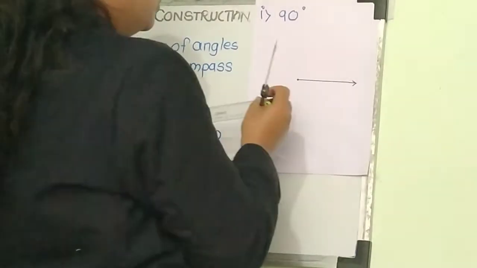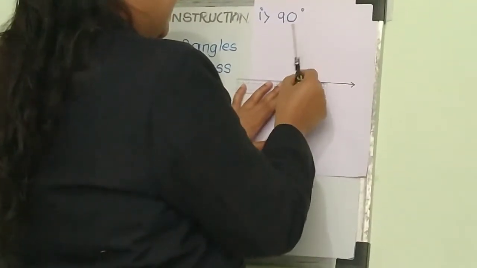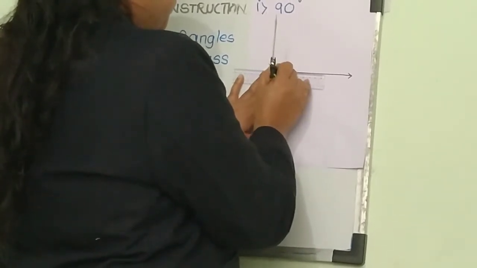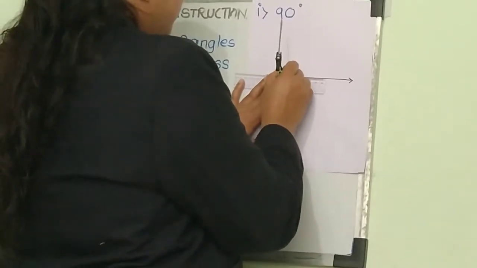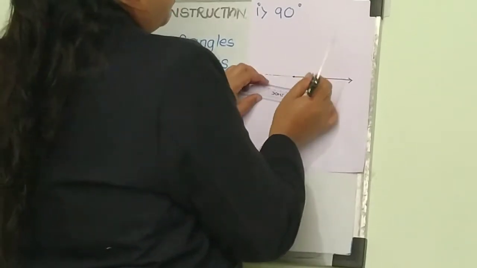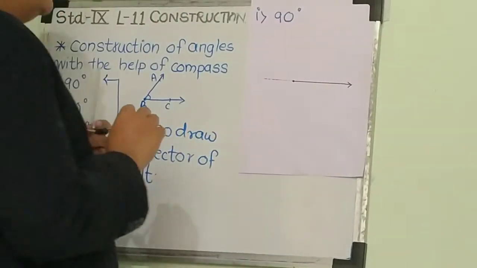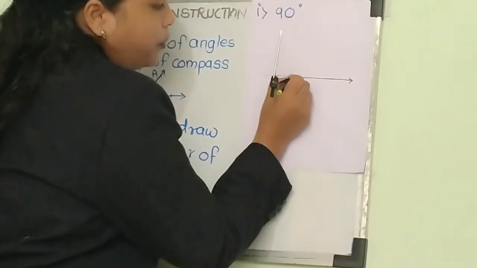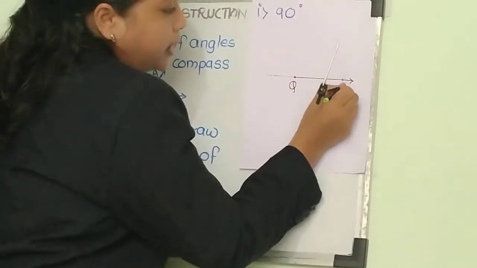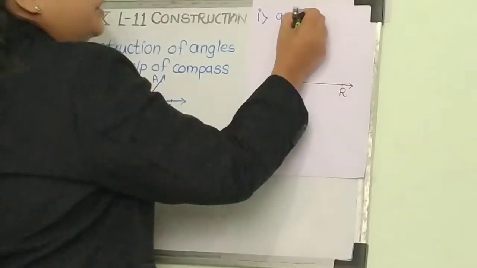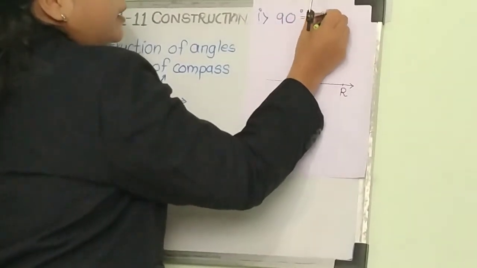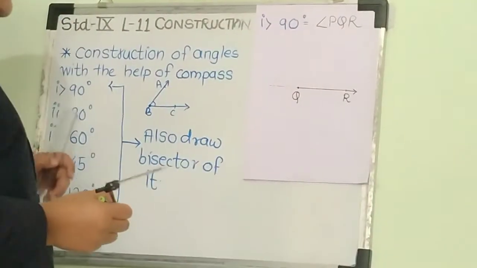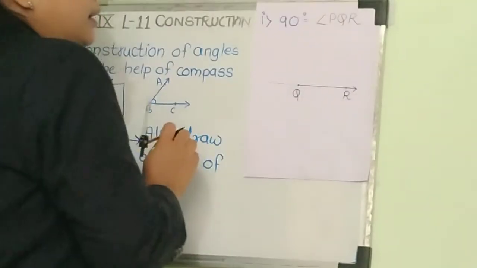Now what I am going to do, I am going to extend here. Now this point I will write as Q, and this point we can write R. So we are going to draw here angle PQR. So we get here Q and R.